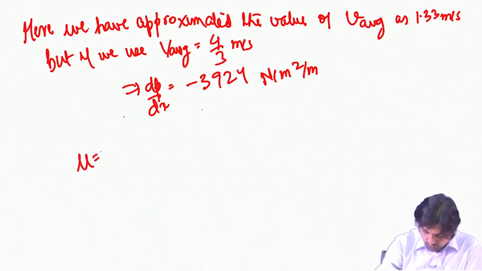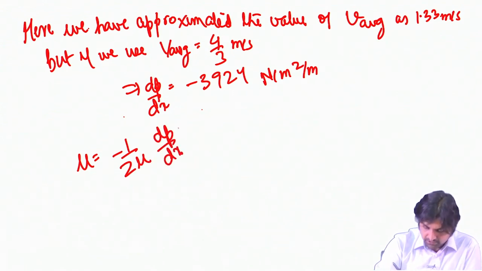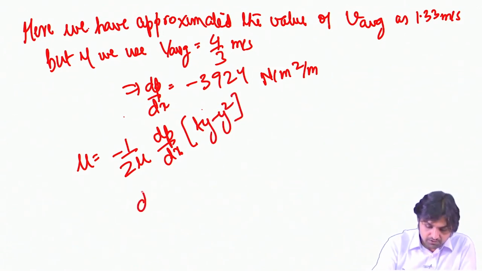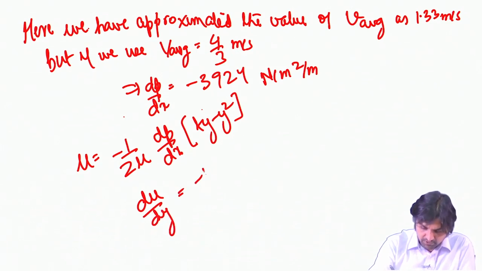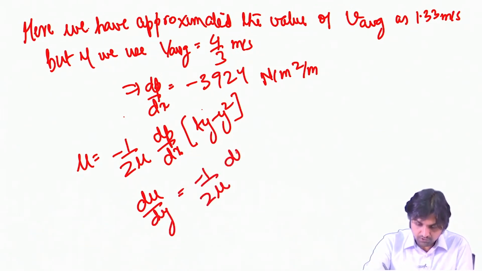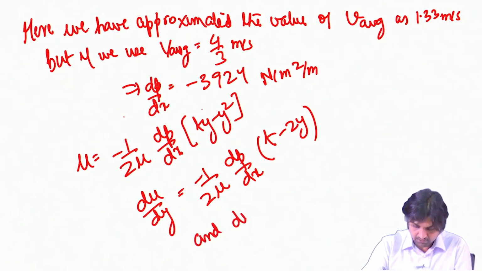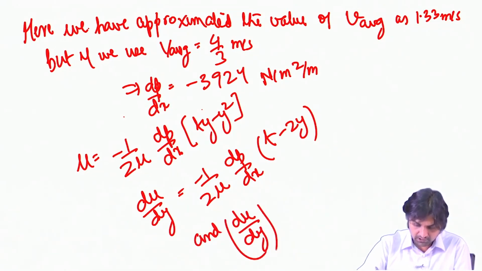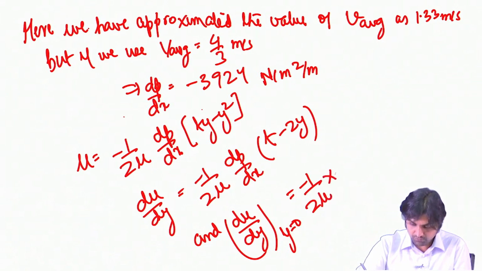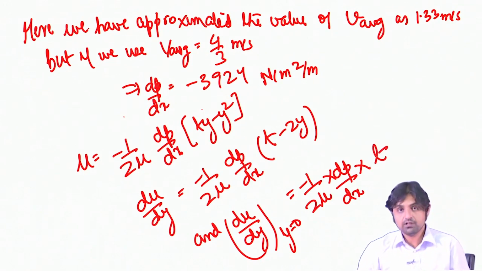So now we know that u is minus 1 by 2 mu dp dx into ty minus y square. So du by dy will be minus 1 by 2 mu dp dx into t minus 2y, and du by dy at one plate will be equal to minus 1 by 2 mu into dp dx into t.